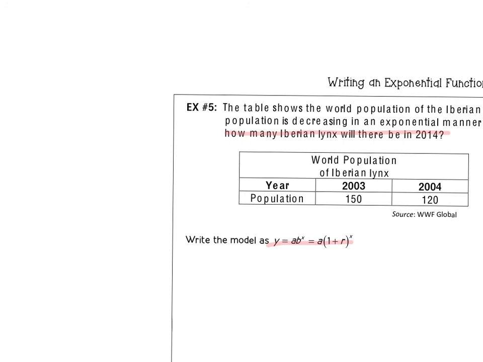Step one. We first have to find R. We don't know what our rate of decrease is. So R is going to equal the most current population minus the previous population, all divided by the original.